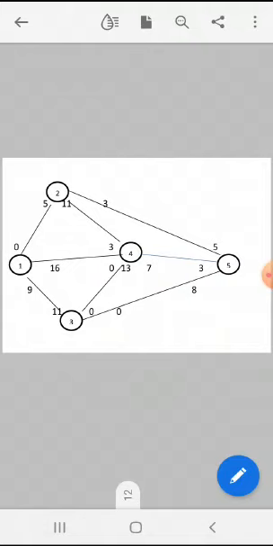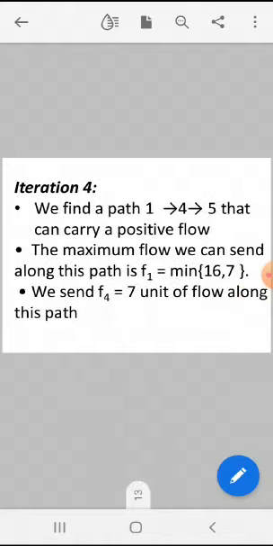Again look for a path from 1 to 5. Here 1 to 3, 9 is possible, but 3 to 4 is 0 and 3 to 5 is 0. So there is no path. Again look at 1 to 4. 1 to 4, 16 is possible, and 4 to 5, 7 is possible. So that is an augmenting path, 1, 4, 5. The minimum of 7 and 16 is 7, so F4 is 7.